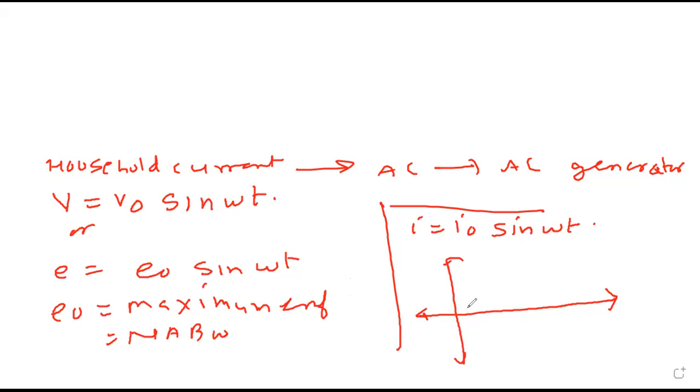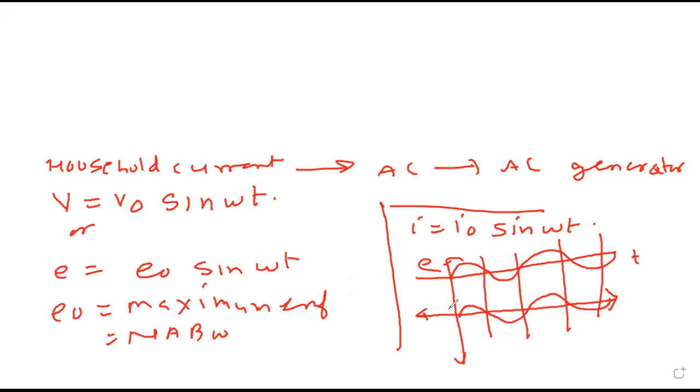If I draw the graph of current and voltage in an AC generator, this is alternating EMF. Same way we get alternating current. I hope you followed the meaning of AC. It is a sinusoidal function: EMF E0 sine, current I0 sine. Any doubt? No, sir.